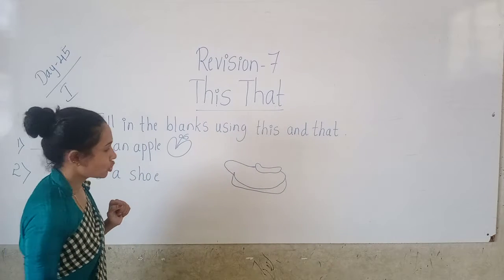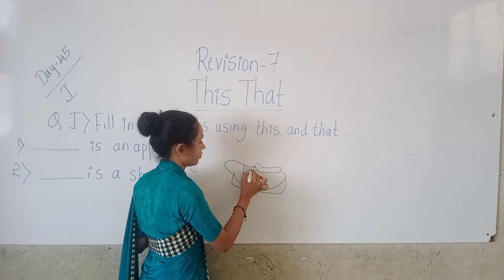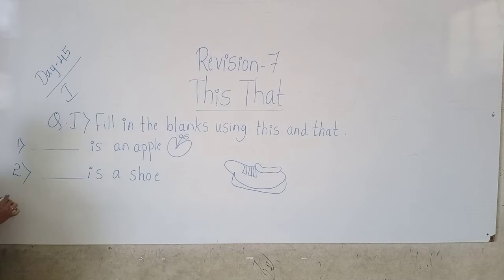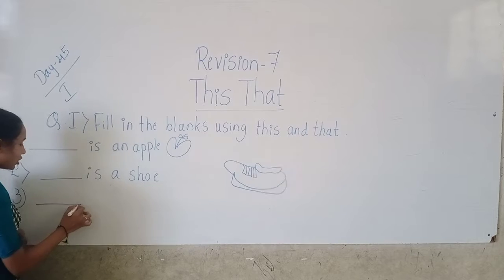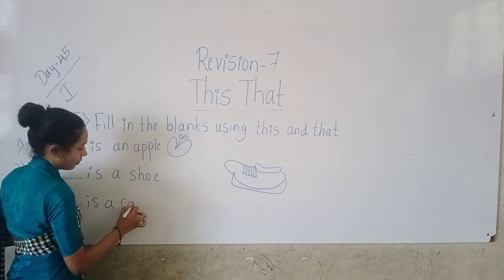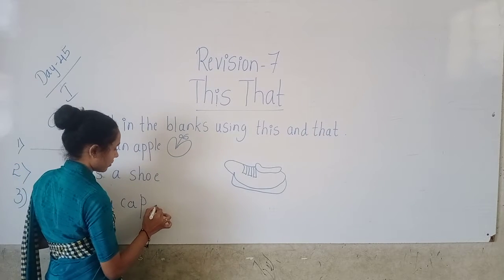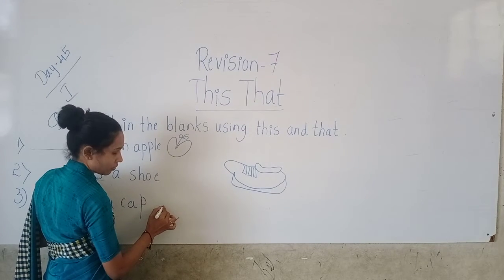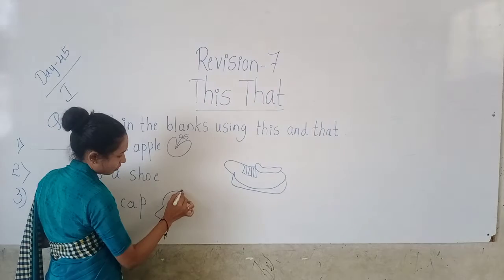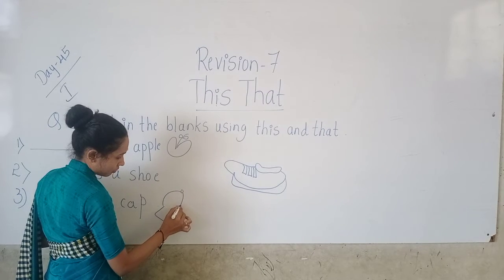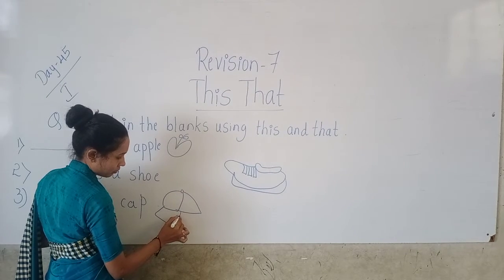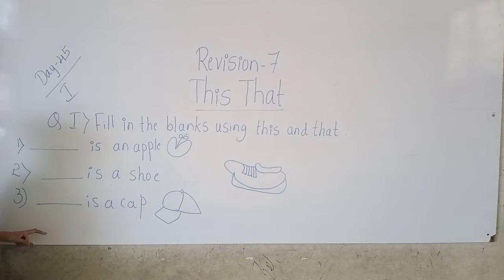That is a shoe, children. So is this shoe near or far? You have to identify. Third one is, dash is a cap. So is the cap near or far, children?